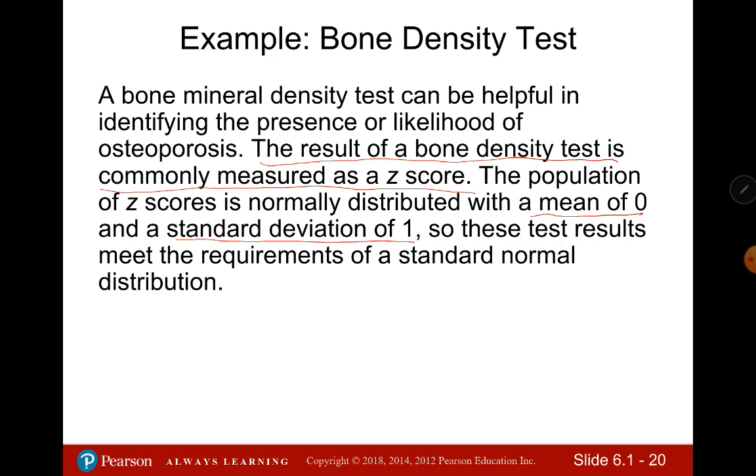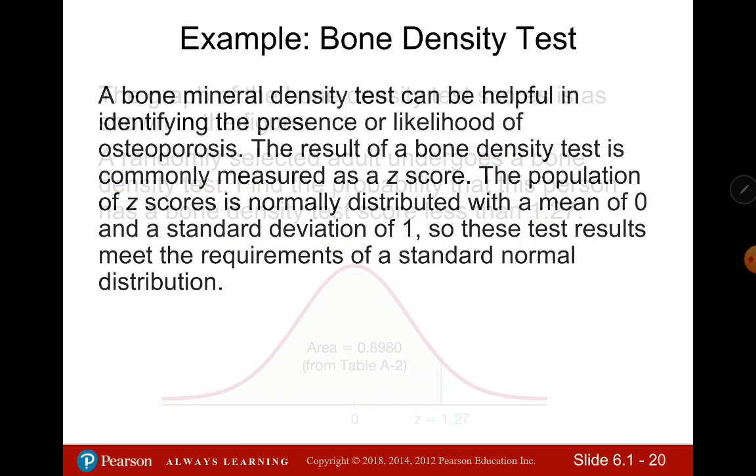So we can say the test results meet the requirement of the standard normal distribution. This just tells you the background. All the results follow the standard normal distribution.